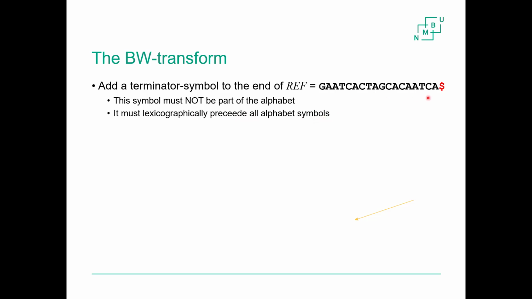It means if you sort alphabetically, this one comes before A, C, G, and T. Usually this is sorted by the ASCII values that we have seen before when we talked about sequence qualities, and then dollar is before the capital letters.